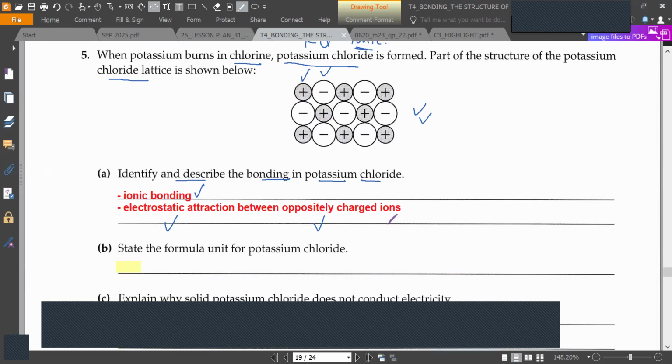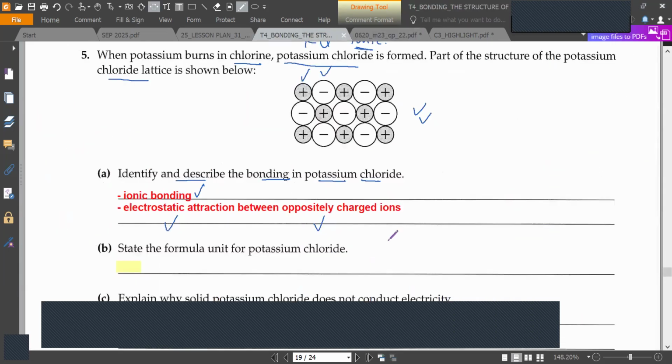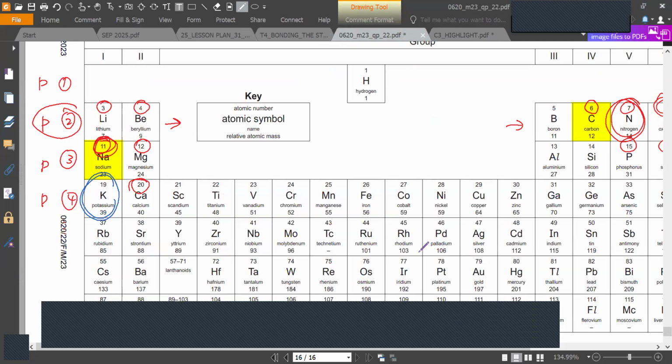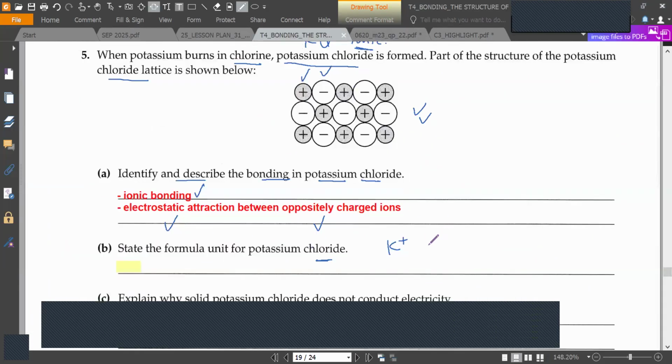Potassium in the periodic table is in group 1, and group 1 means it will form a +1 ion. Chloride is in group 7, and group 7 will always form -1. Why?